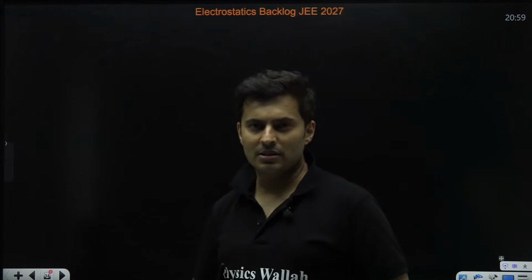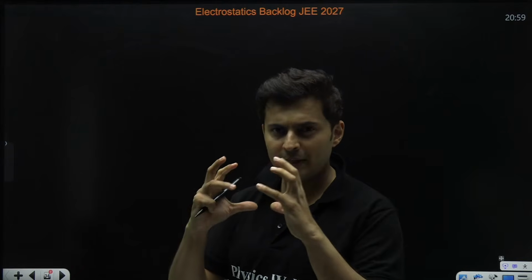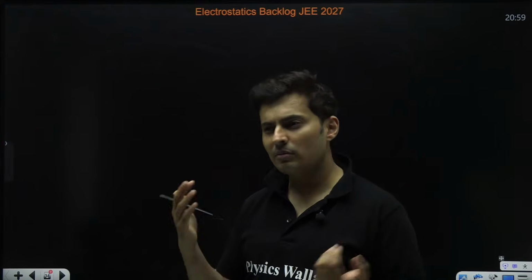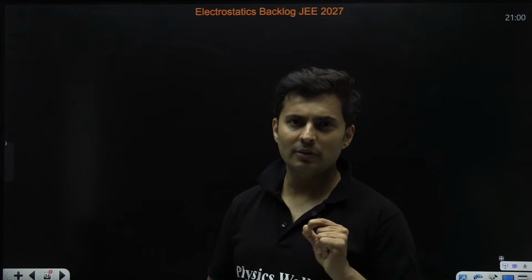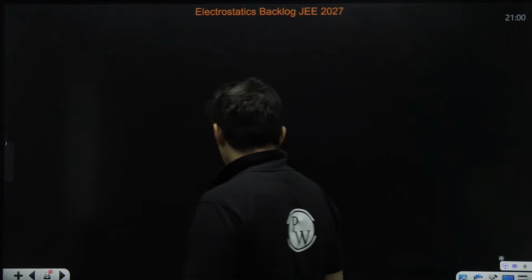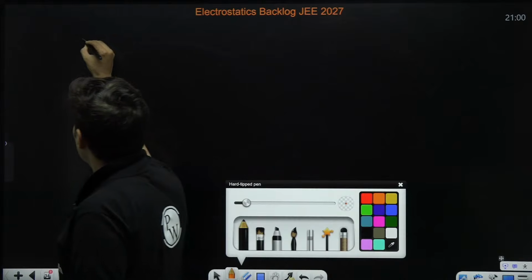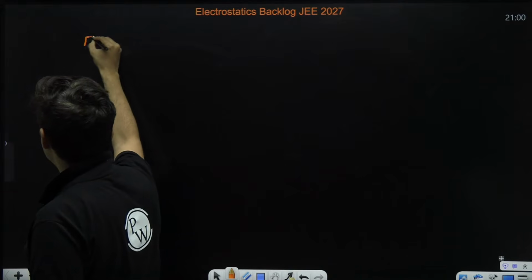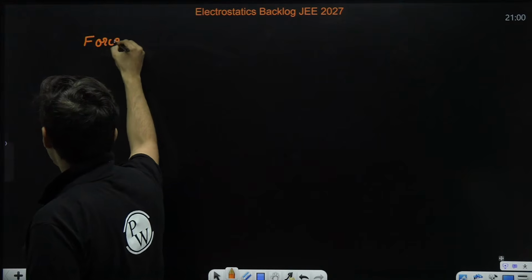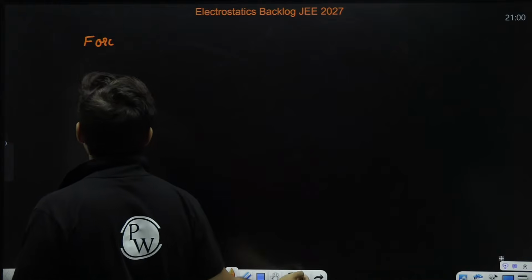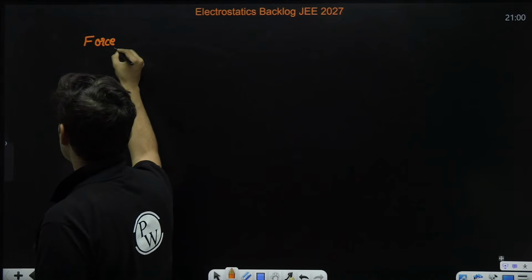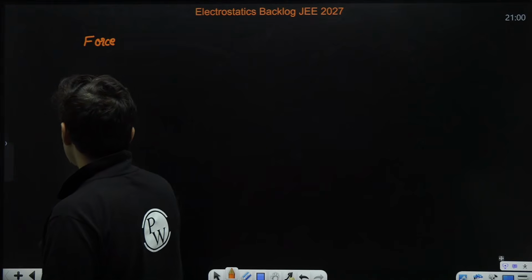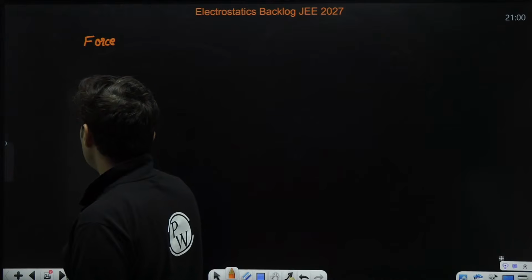Okay. Now, two more concepts which will probably close most of your misconceptions or backlogs are the concept of field and the concept of potential. Simply put, if you have two charges and there is a force between them, they will also have potential energy between them.